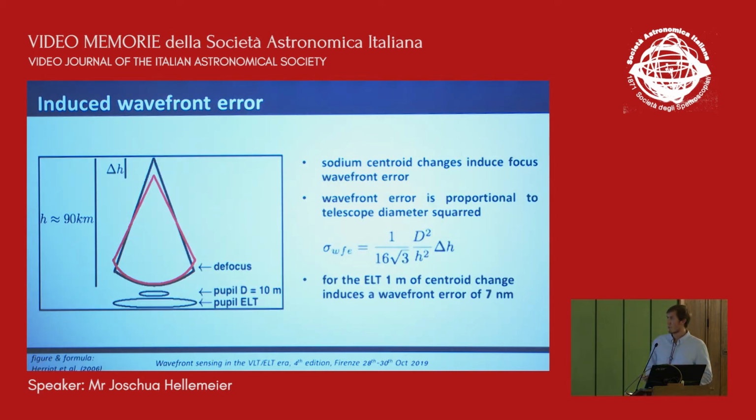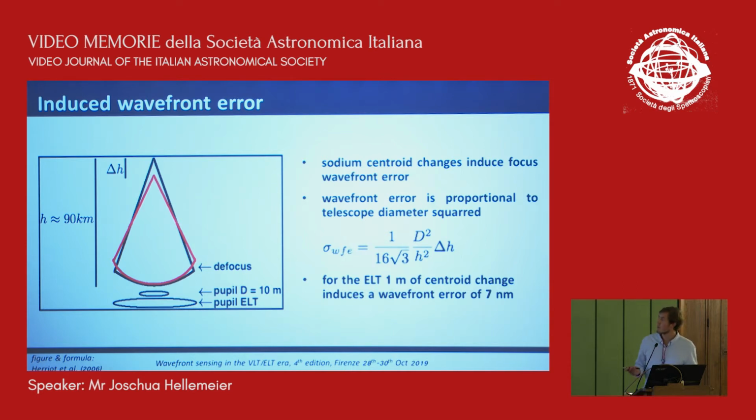The problem with the variability in the sodium layer is that the centroid is moving, and so laser guide star adaptive optics systems cannot distinguish between changes in the sodium layer centroid and changes in the atmospheric focus.